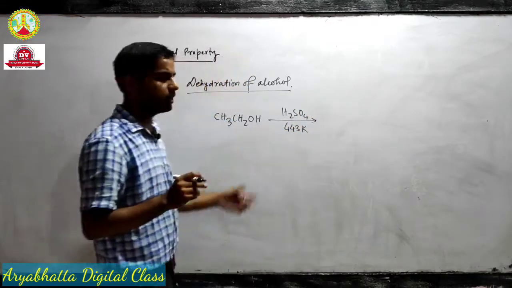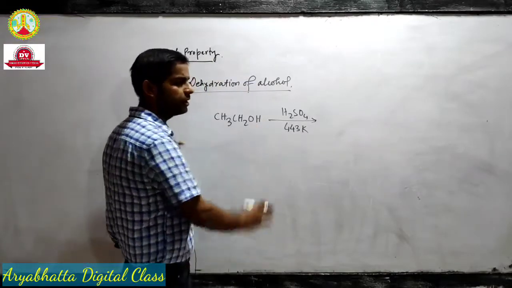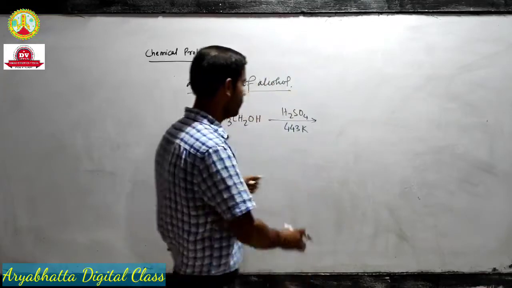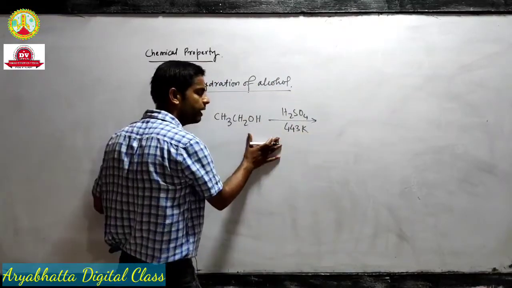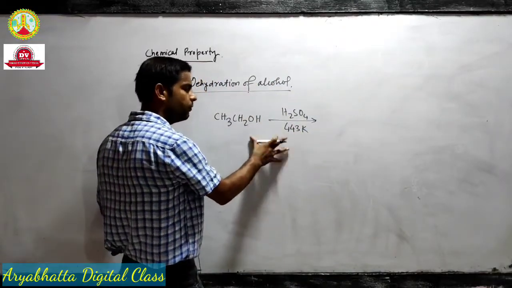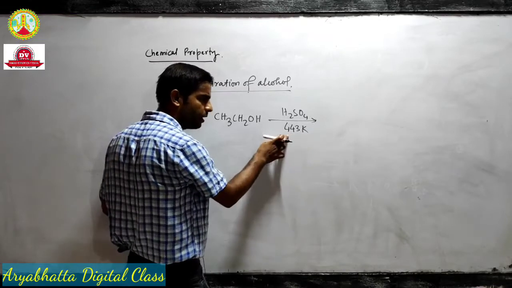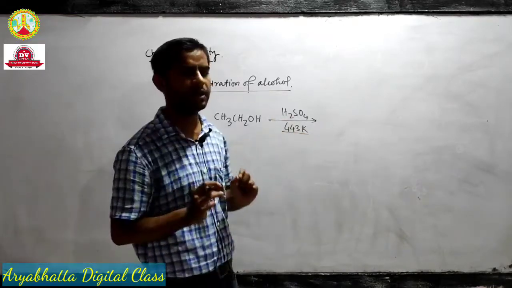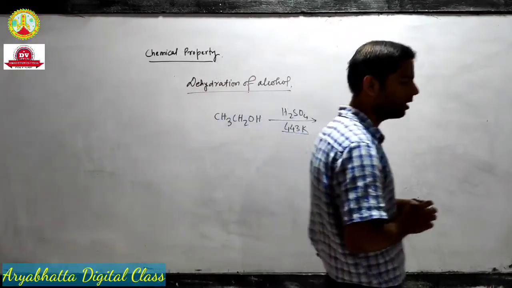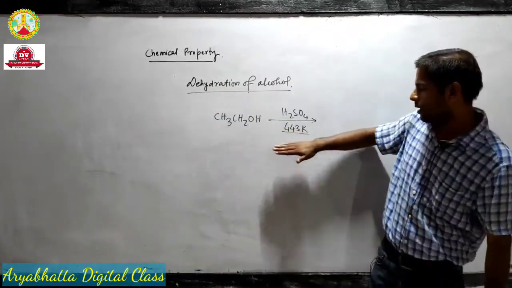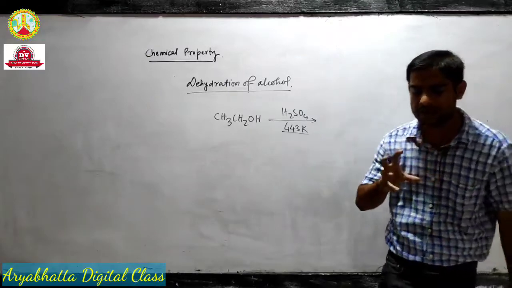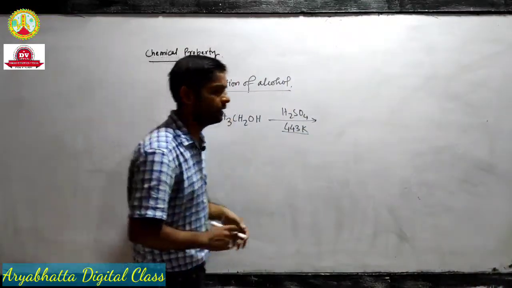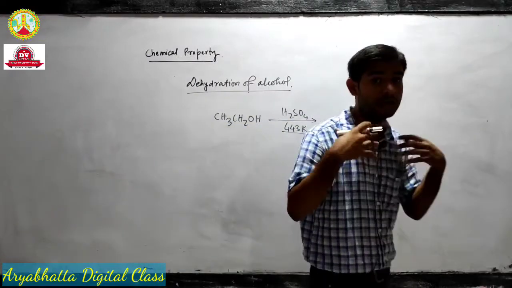Actually I will discuss this reaction in detail when we discuss ethers, because this is a confusing reaction. I have taken 443 Kelvin temperature and this reaction is very temperature sensitive. If I change the reaction conditions, that means if I change the temperature a little bit, the product will change. The dehydration will take place in another way.